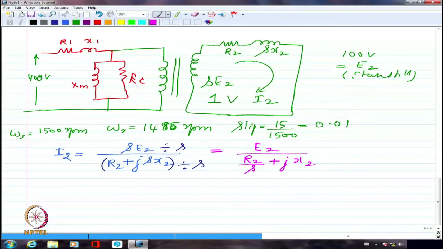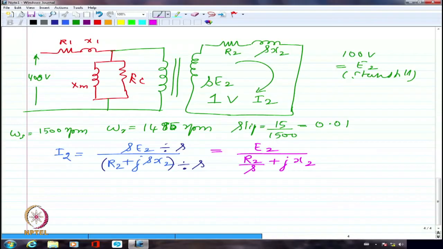Now I have gotten back to X2 itself. So this talks about reduced frequency current, whereas this talks as though the magnitude is the same, but the frequency is F1. It's not F2 anymore. So a simple mathematical modification of dividing the numerator and denominator by S has modified the frequency. It looks as though it has modified the frequency.